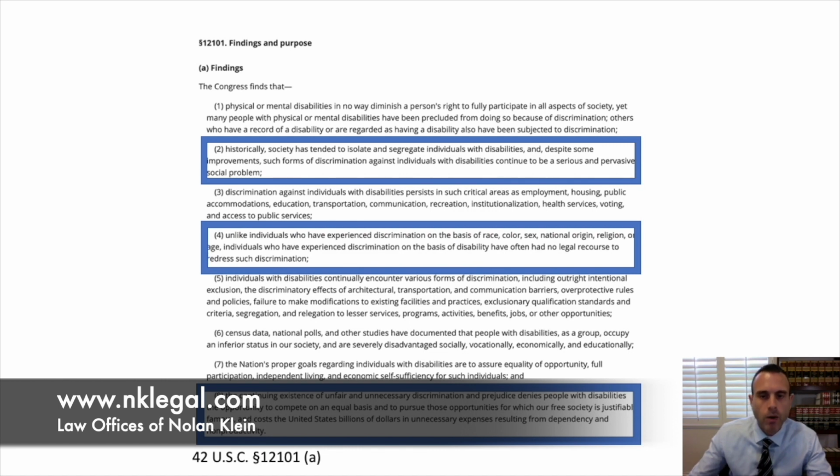But for right now, let's discuss exactly what the sources of the law are. We have the ADA itself, the Americans with Disabilities Act, which means that it was passed by the Congress. It's at 42 USC section 12101, and a lot of times you'll see et seq., which basically means "and what follows."